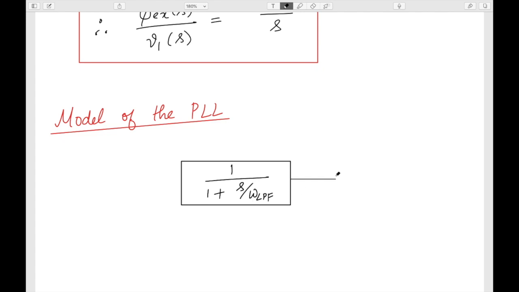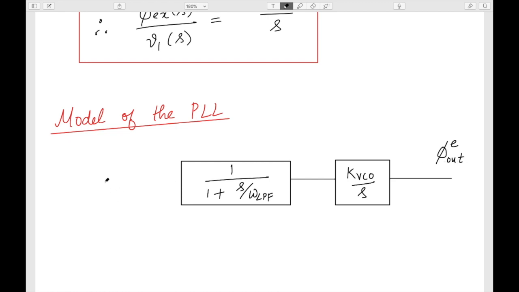After this I have my VCO, which is KVCO by S. This is my output phase, shown as an error phase because it is not the exact phase.